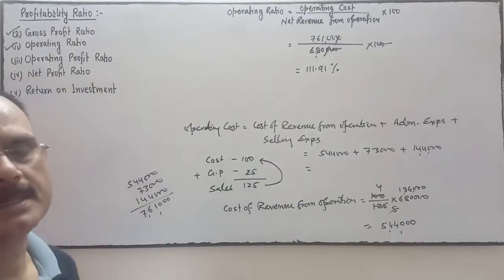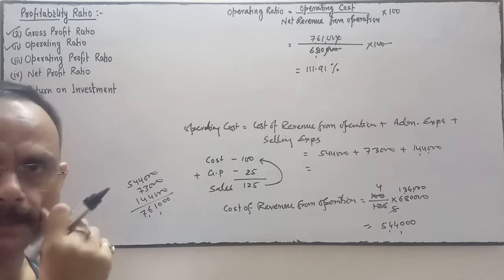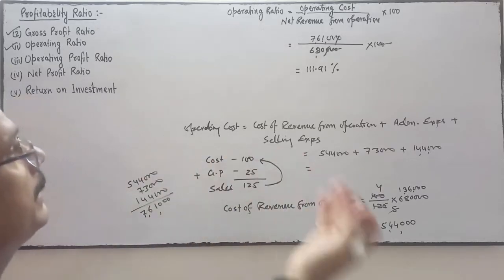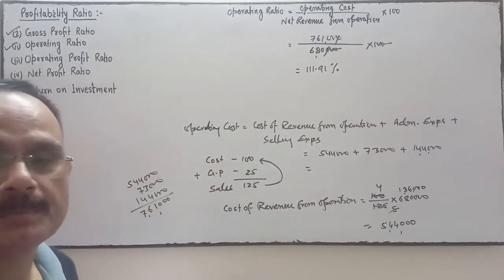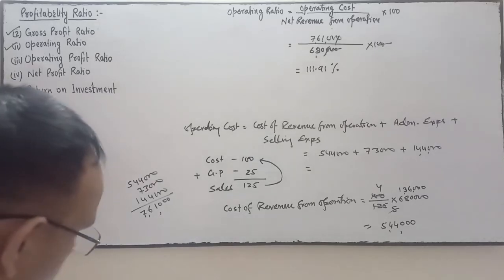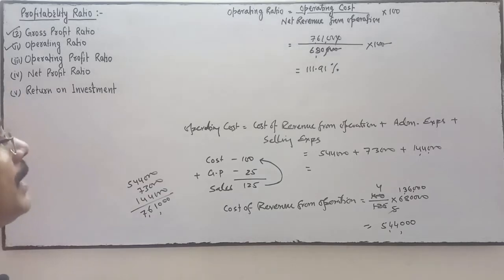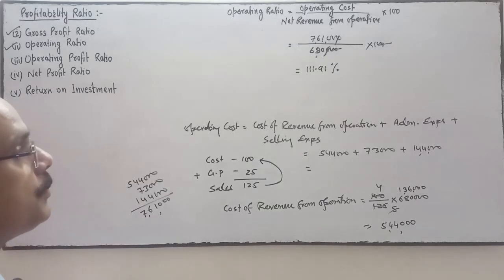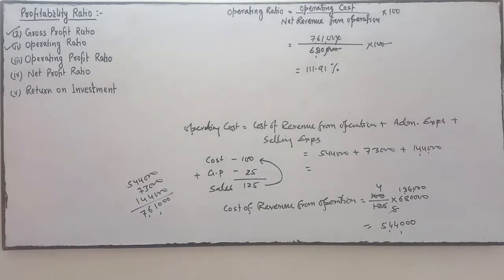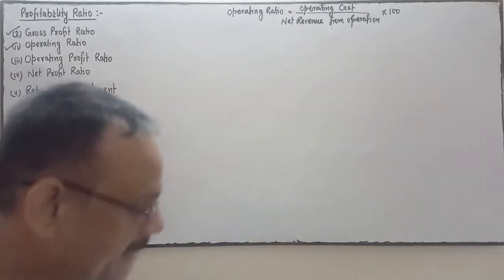It should be as low as possible, but it is higher. It means the company is going to suffer a major loss in future. So 111.91% is the operating ratio. Now see the next question.